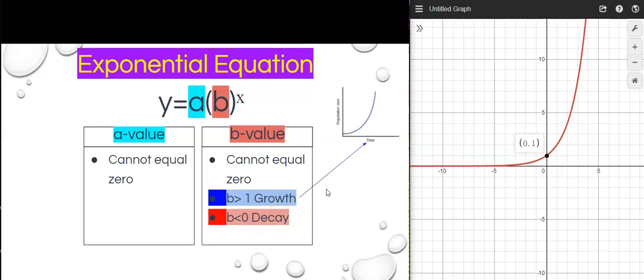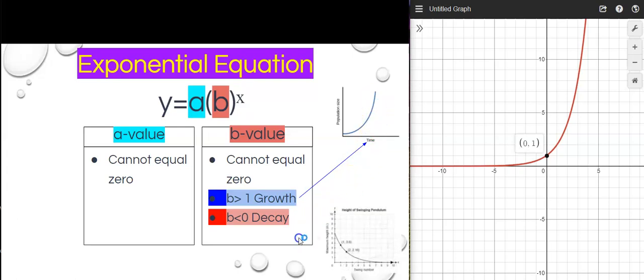So what does a growth look like? Well, automatically we know that an exponential equation looks like a curve. We just figured that out. Okay, so if it's a growth, that means that this line, since I'm starting here on the left of the graph, and as I continue to go further and further to the right, you can see that the graph is steadily increasing and rising, so we call that a growth.